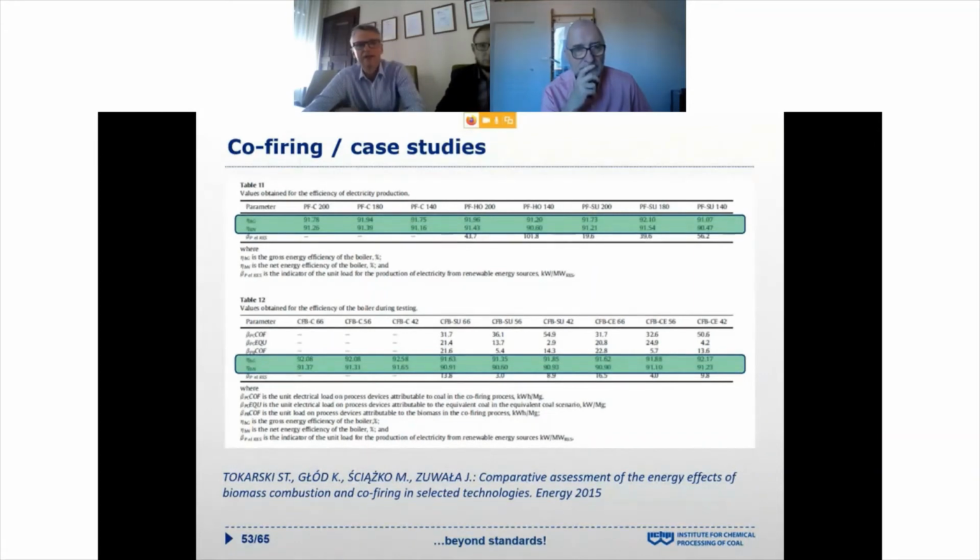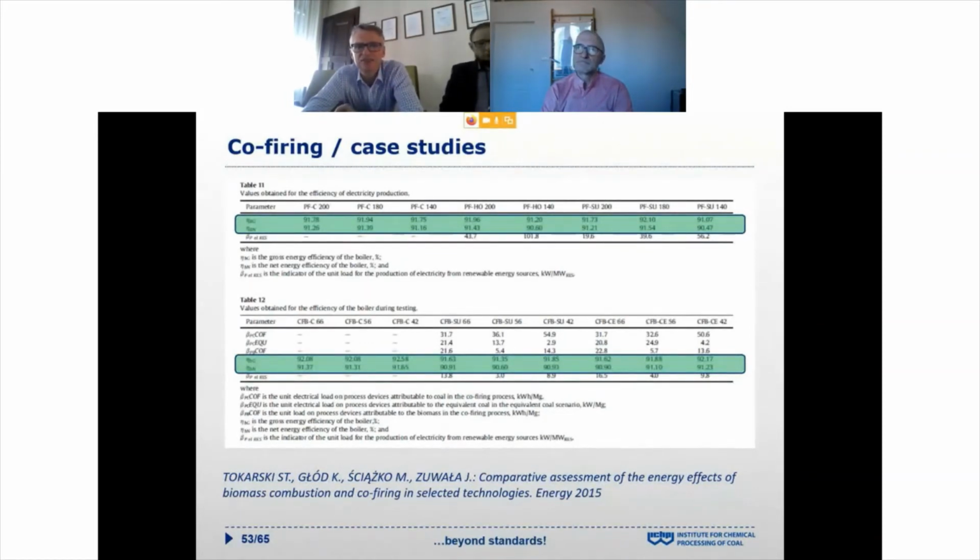But when we took the same straw and made biomass pellets, and introduced them through the coal mill, the straw particles at this time were smaller, the combustion efficiency was higher, and the boiler efficiency was bigger. So it depends on how you process the biomass before sending it to the boiler. The bigger the pieces are, the lower the efficiency.